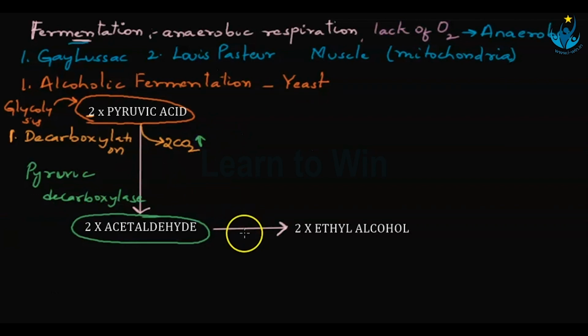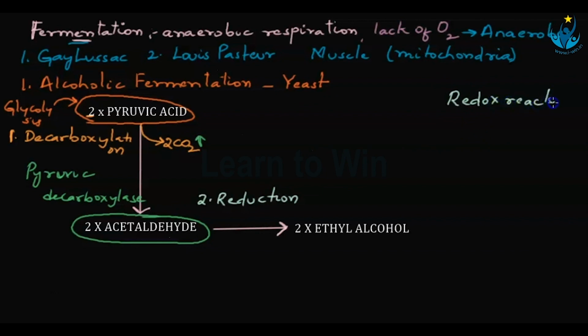Next what happens is the second step. The second step is called reduction. So what happens in reduction? In reduction, acetaldehyde will get reduced. Now remember, I was telling you that in living systems you have redox reactions.